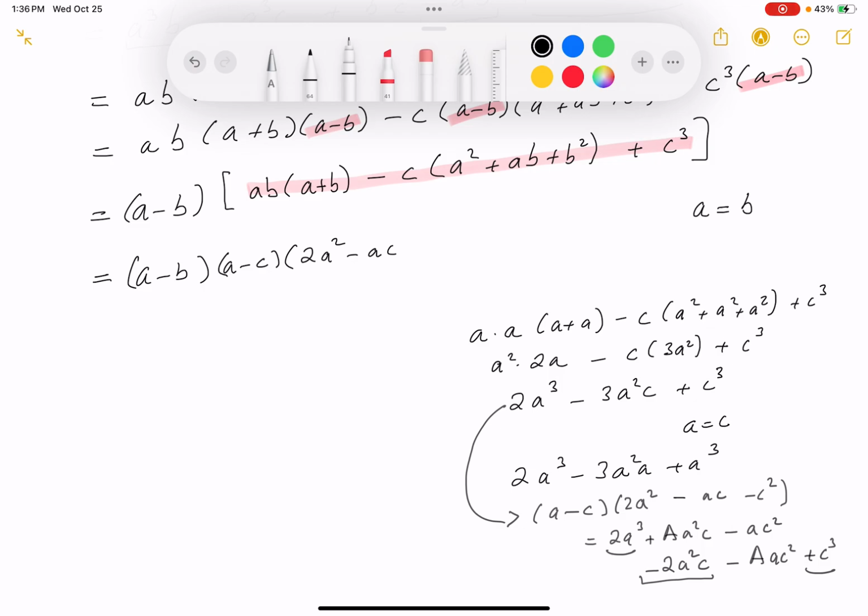Let's see what else we've got there. Minus C squared. All right, let's see if we can go for that. So we've got the A minus B, A minus C. And then I'm looking at this guy over here, and I want to see if I can factor that. So A minus B, A minus C. We're almost there, by the way. And then what do you get there?